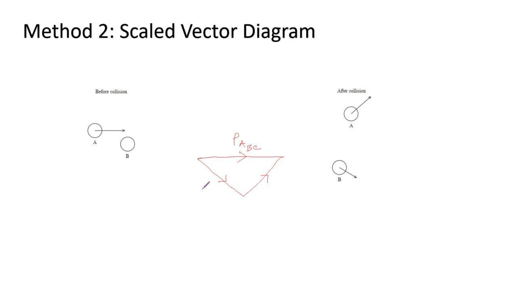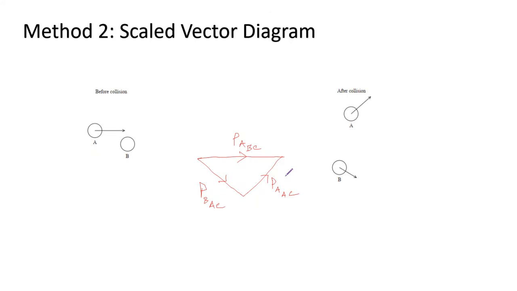So this will be momentum of B after collision, and this would be momentum of A after collision. So of course all of these have to be done to scale to calculate this. So this is the second way of doing this.